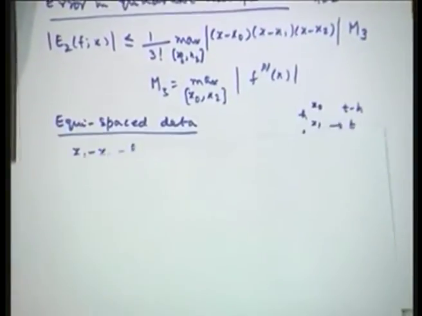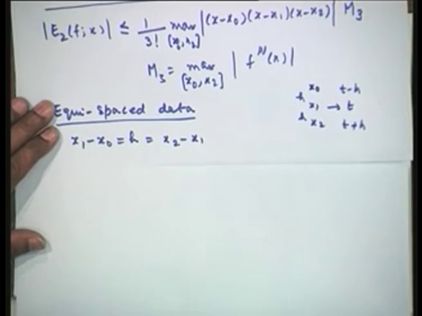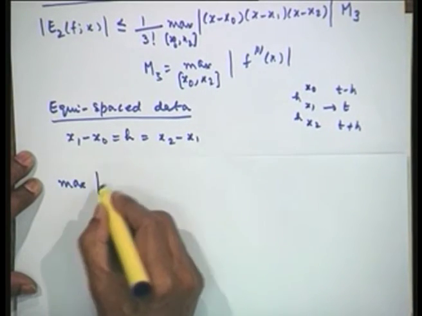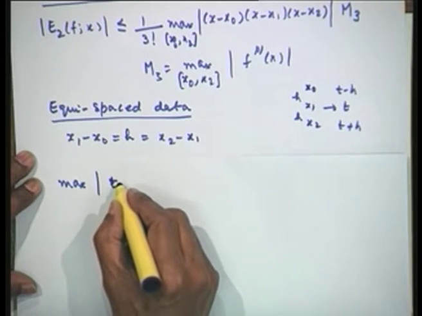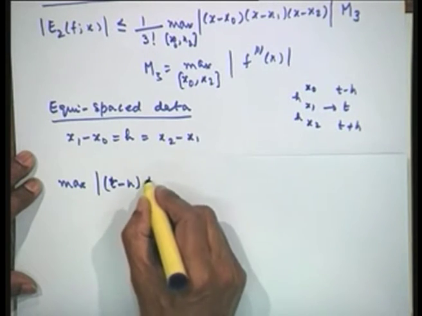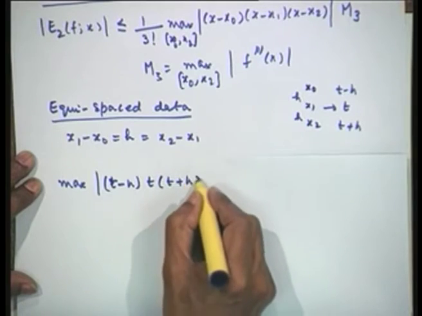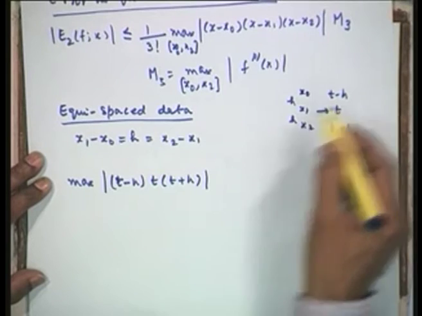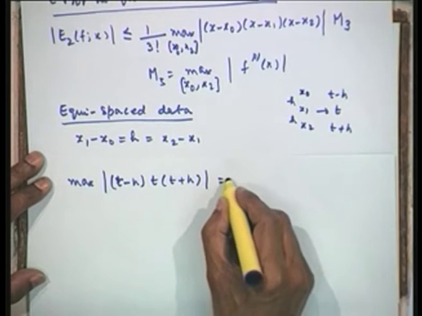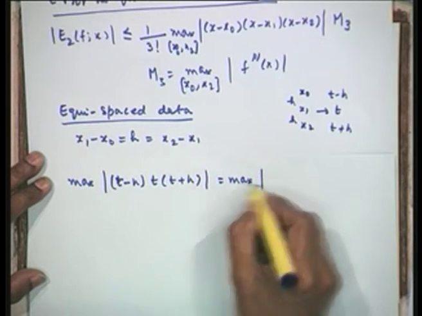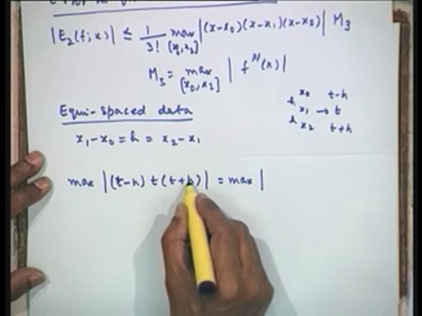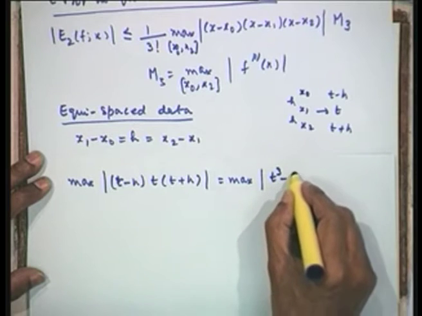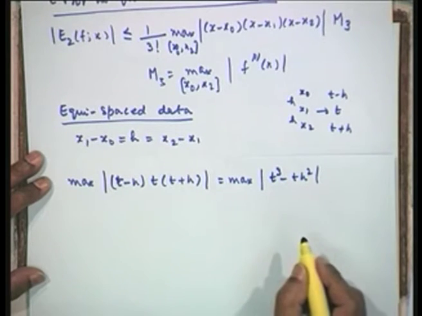So what I want is the maximum of (t minus h)(t plus h)(t), that is, of (x minus x0)(x minus x1)(x minus x2). This is t squared minus h squared, into t, so it will be t cubed minus t h squared.